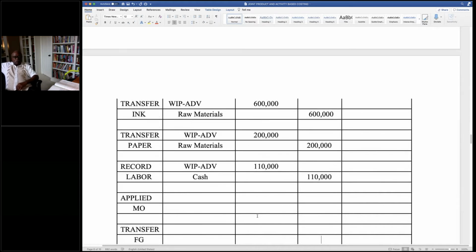Okay, and then for the applied manufacturing overhead, we're going to take that same 11,000 hours of actual labor hours and multiply it by our POR of 8, and that number is going to be $88,000.